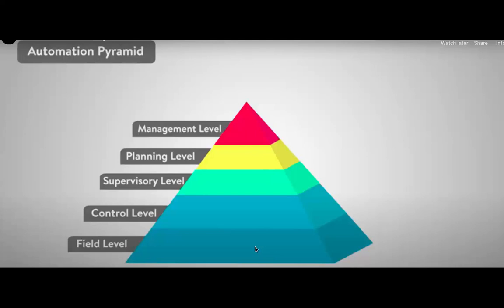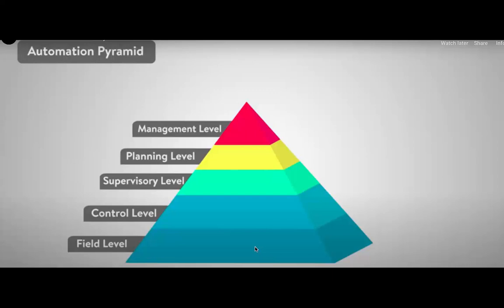The next hierarchical level is the networking level. It is not actually mentioned in this diagram, but it lies in between the control and supervisory levels. You have to consider it. So what is the networking layer?